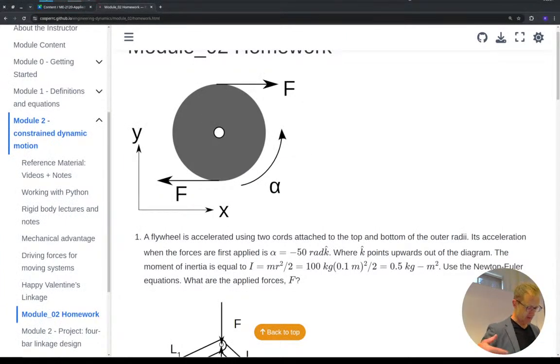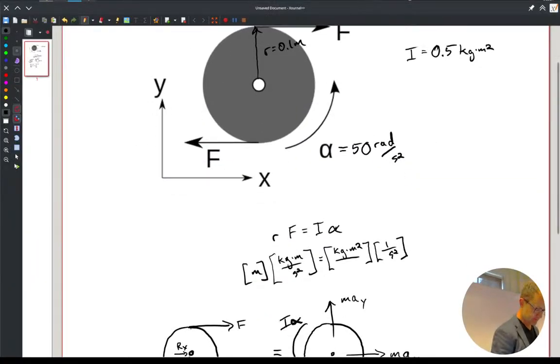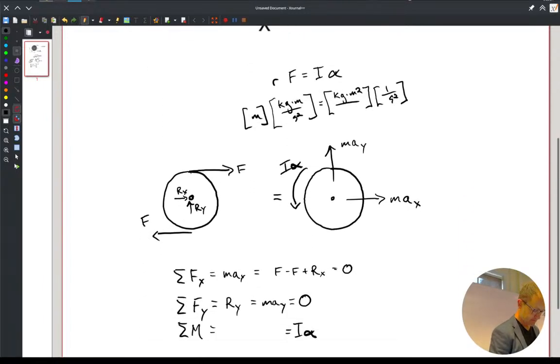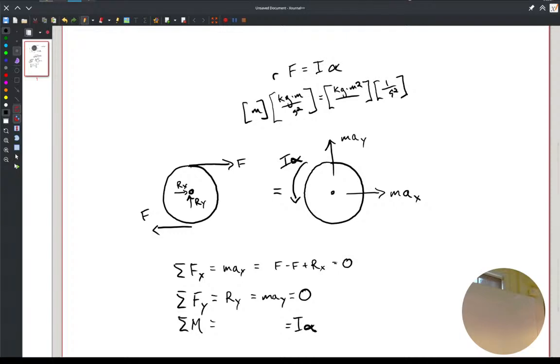These are like horizontal forces. 0.1. Negative 250. Okay. Maybe 5 vector. Yeah, minus.